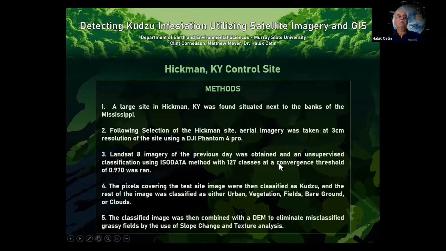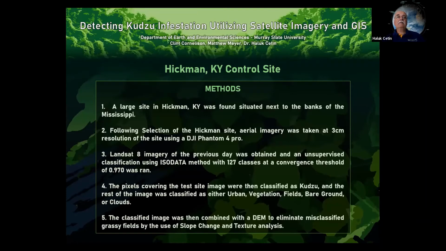In terms of just this site we selected, there are approximately 15 Landsat pixels covered by this Kudzu site. Initially we used an unsupervised classification.